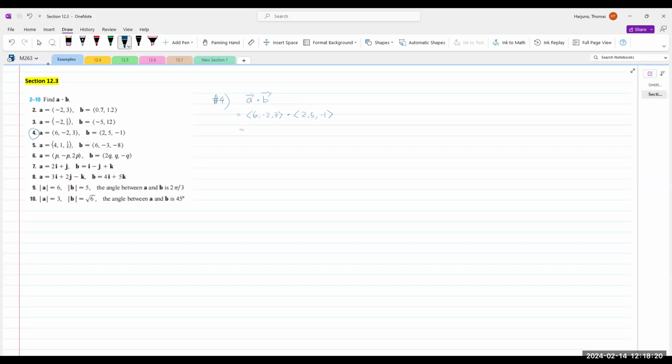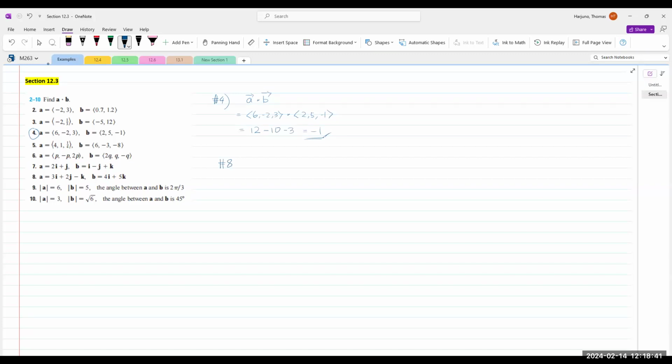That will be the product of X components, that's 12. The product of Y components, -10. The product of the Z components is -3. So this will be -1. Quite easy, huh?